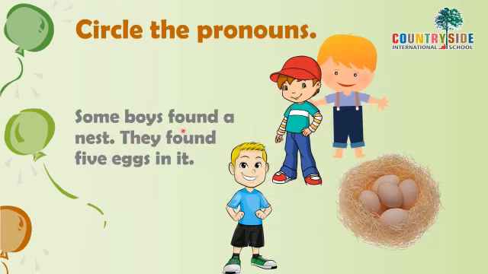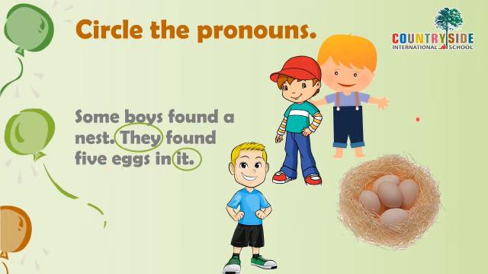Some boys found a nest. Now, in this sentence, there are two nouns, boys and nest. They found five eggs in it. What is the word used for boys? Instead of boys, we wrote they. And instead of nest, we used it.